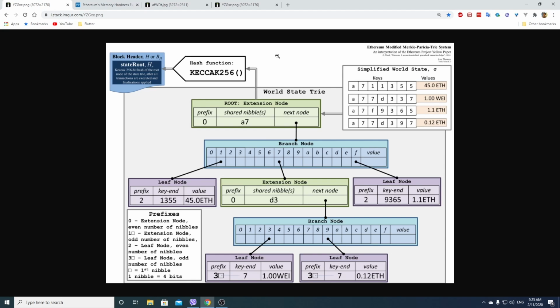Right. So let's look at this one, for example. We'll look at the first extension node. We see that it has A7 as a shared nibble. By the way, a nibble is this letter.